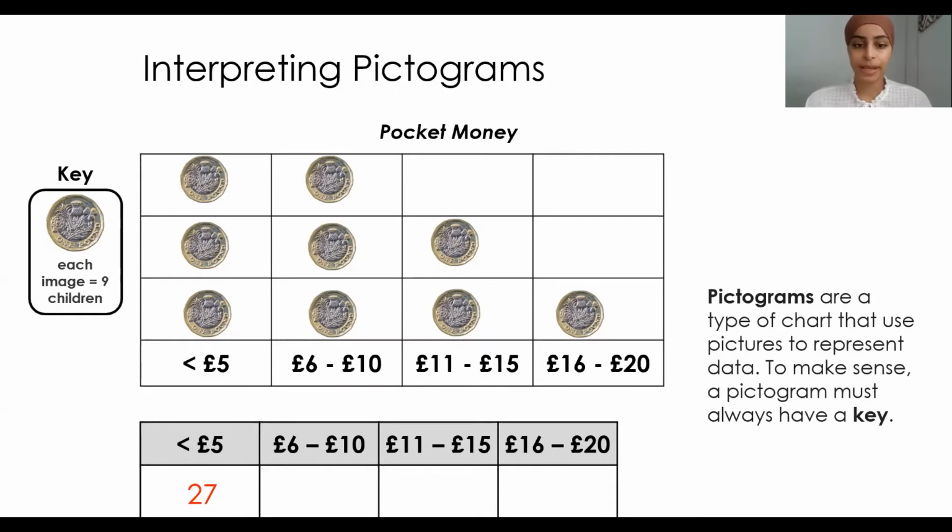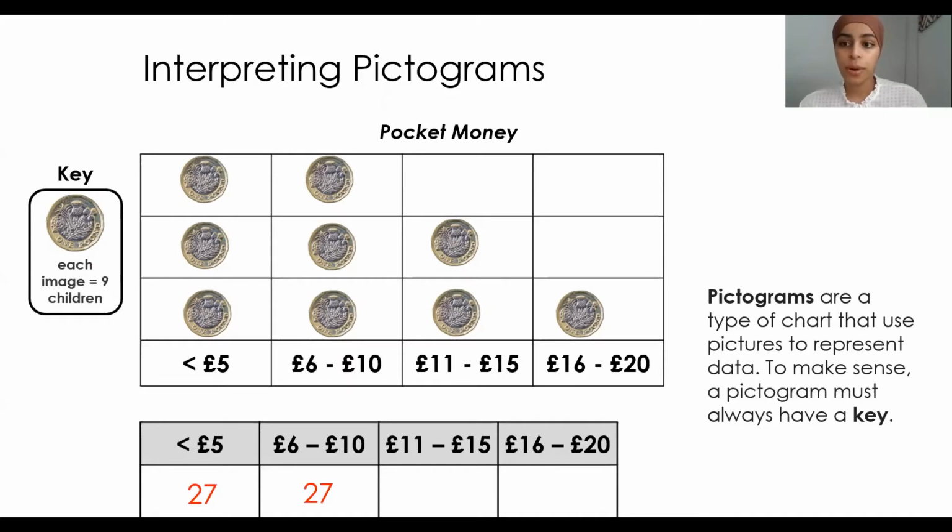Okay, press play. So for the next one, 6 to £10, we have again 3 images, which means 3 lots of 9, because 1 coin represents 9. So 3 times 9 is again 27. For £11 to £15, we have 2 of those £1 coins.